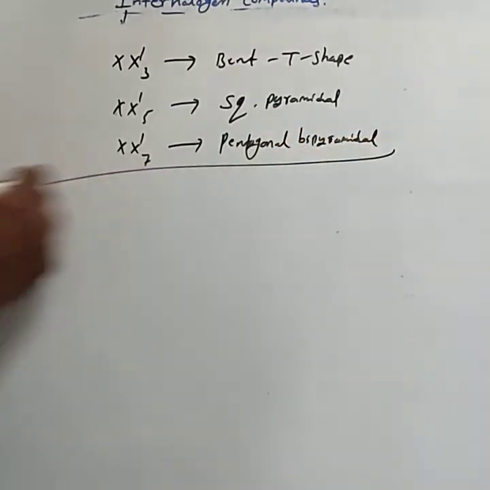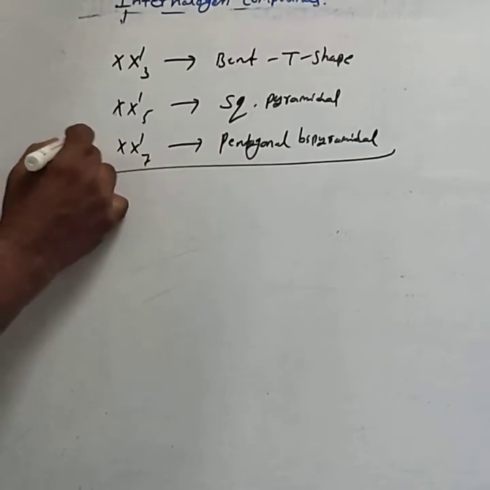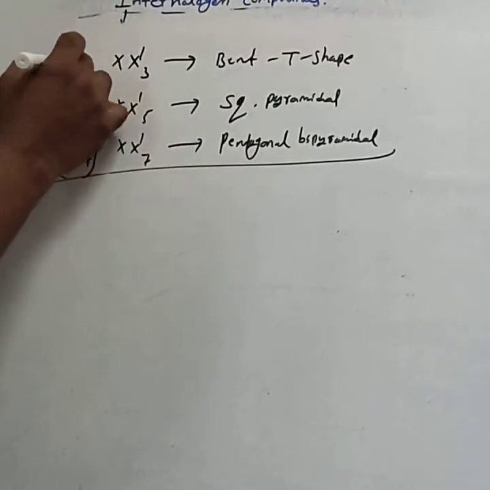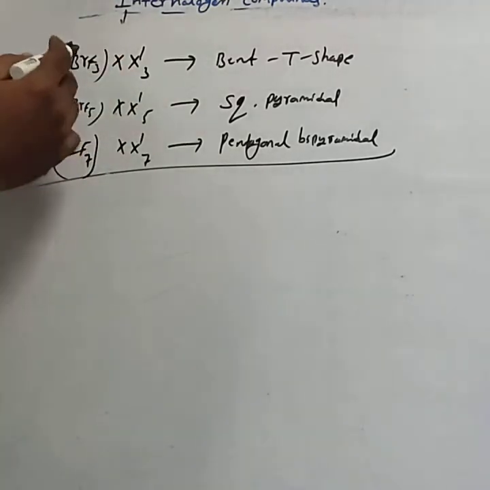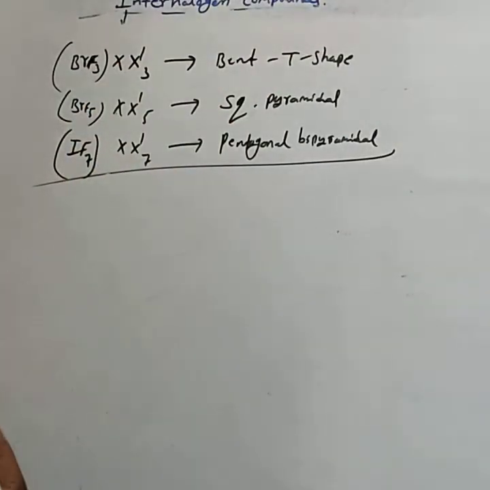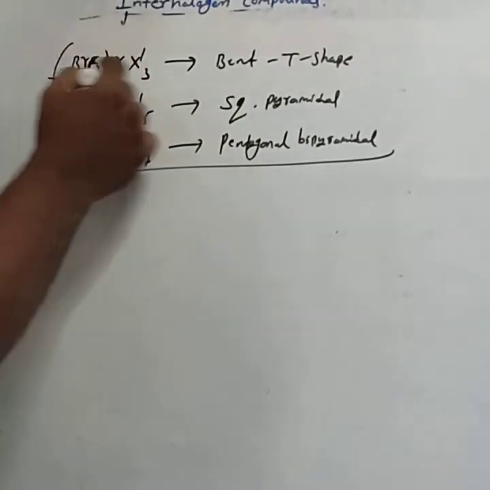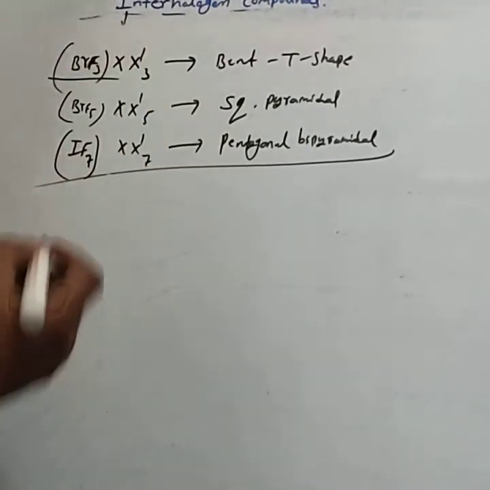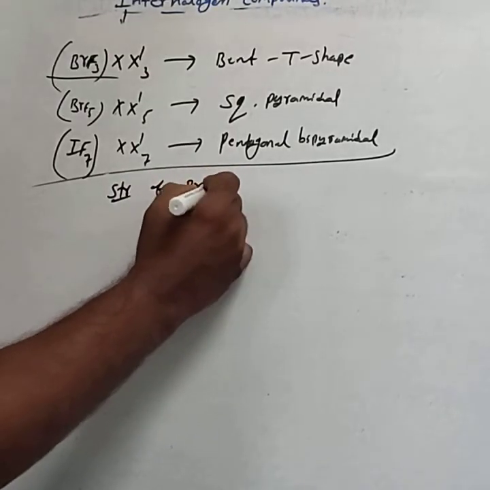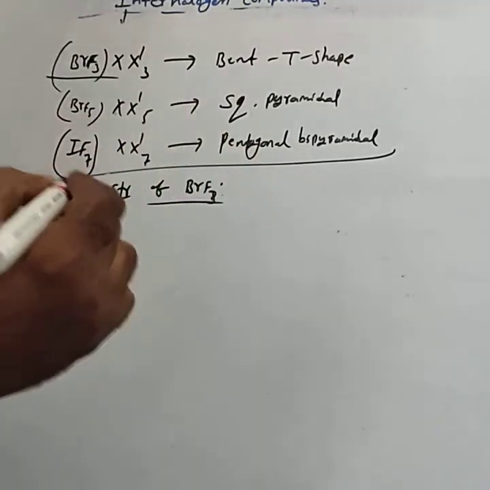You have to remember XX'7 like IF7, XX'5 like BrF5, and XX'3 like BrF3. BrF3 has a bent T shape, and we have bent BrF3 in our syllabus. They mentioned only this structure, BrF3.